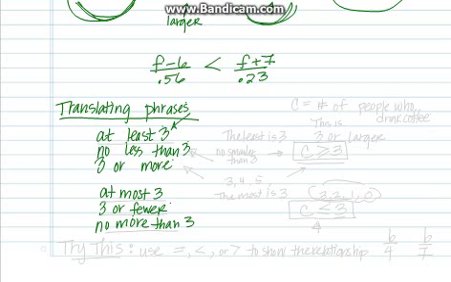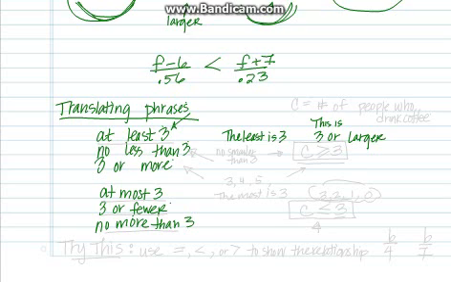So we say at least 3. That means that the least we can be is 3. So that means we're either 3 or we're larger. So we can represent all the numbers that satisfy this.